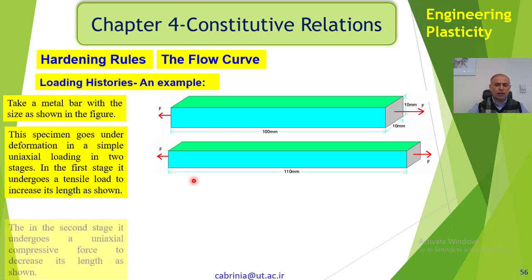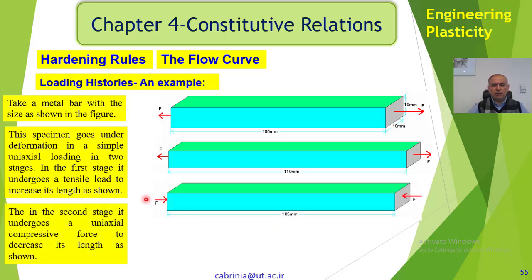Now, in the second stage, we reverse the loading. We reverse the loading and apply a compressive force and reduce the length to 105 millimeter. So note that here we have applied a uniaxial tensile load, increased it to 110 millimeter, and applied a uniaxial compressive load and decreased it to 105 millimeter.